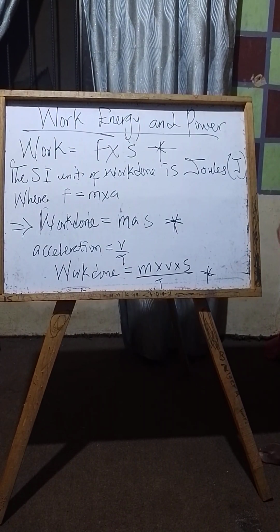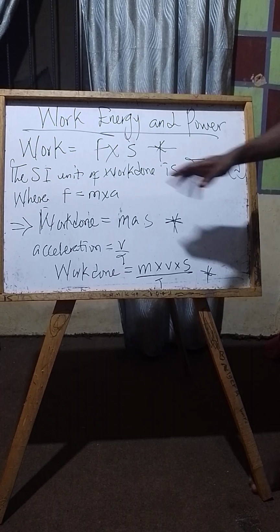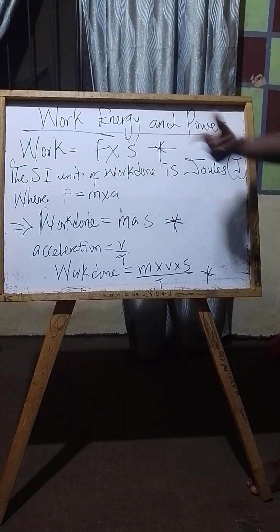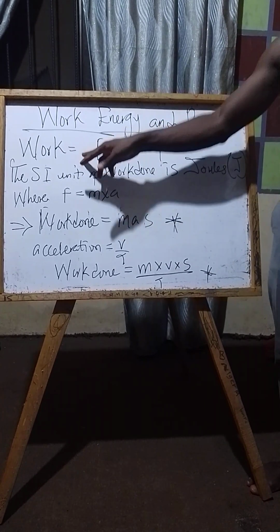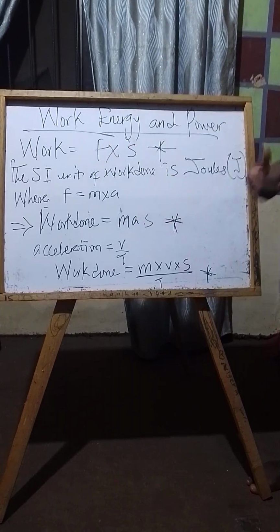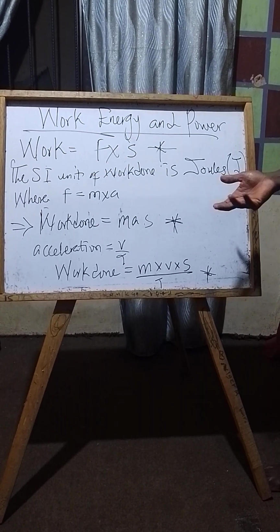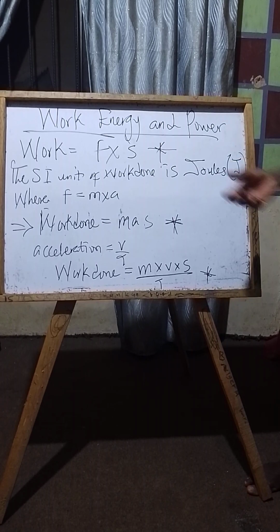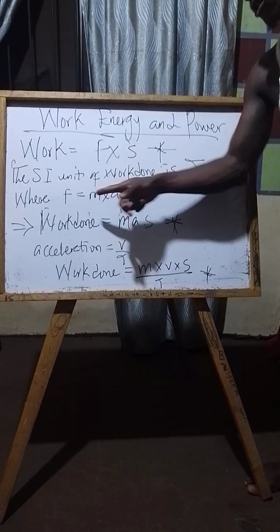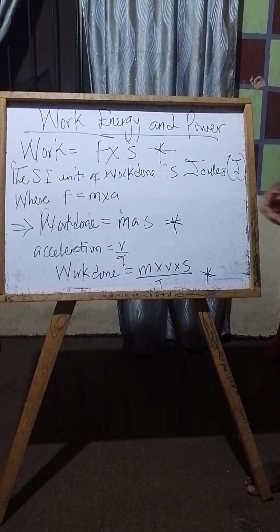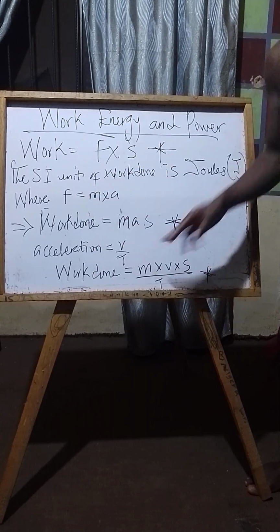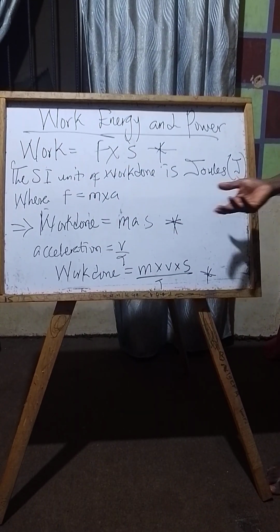Now, we know that work is force times distance, because work is said to be done when a force is applied over a certain distance. The SI unit of work done, according to physics, is the joules. Then, we know that force is equal to mass times acceleration. Then, work done will be equal to what? Mass times acceleration times distance.